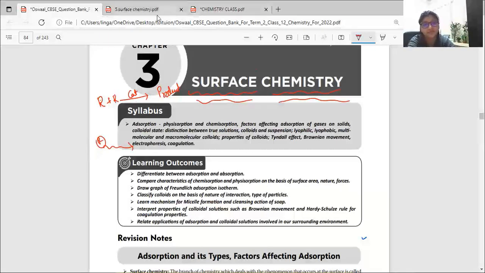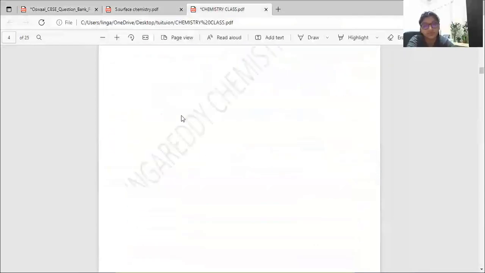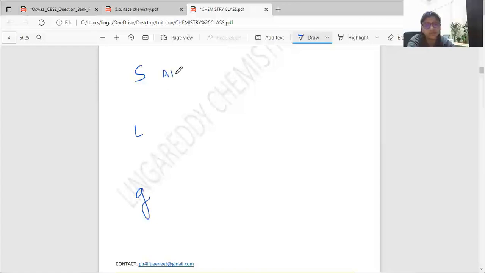Before going to the chapter, one simple piece of information. One solid substance is there, then a liquid substance, and a gas substance. Here A plus B forms some product. Here also the same A plus B, same components, but in the solid phase, liquid phase, and gaseous phase.